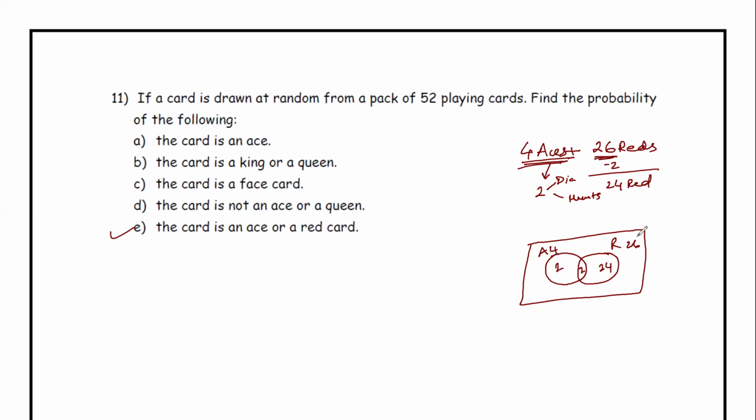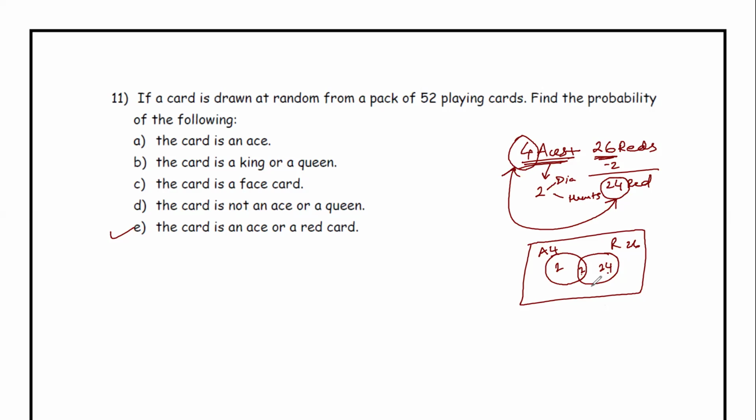But my bad. Hang on a minute. 26 reds, right? And four aces. So 24 plus 2, 26 and 2, 28. So like that, I have 24 plus these four, 28. Yeah. So I think the Venn diagram makes it very clear.